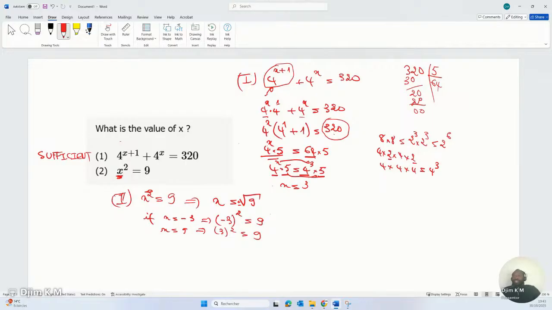So x can be either 3 or minus 3. It will still give us the number 9 here. So this is not sufficient to determine the exact value of x. x can be minus 3 or plus 3. So this is insufficient.